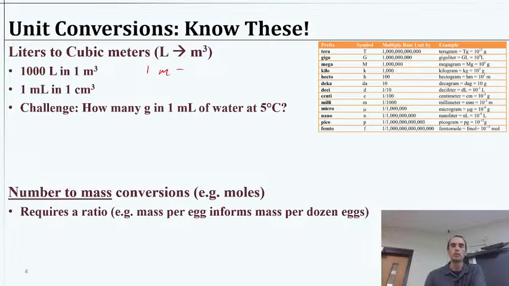So if we were to say 1 meter should be 100 centimeters, that conversion is pretty obvious, no problem. But what about a cubic meter? Well, 1 cubic meter is not going to be 100 centimeters cubed, it's going to be 100 cubed centimeters cubed.